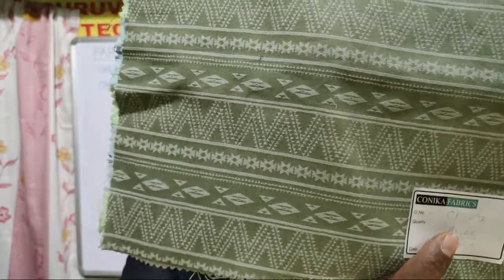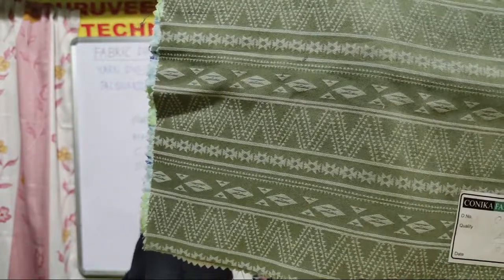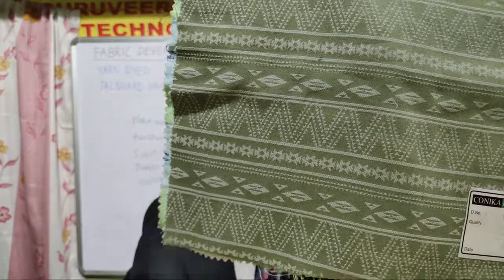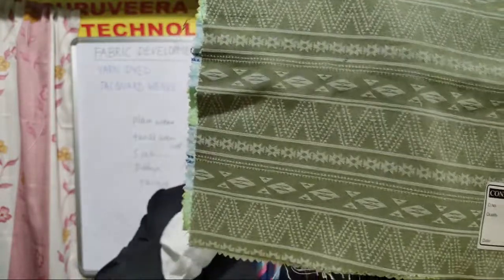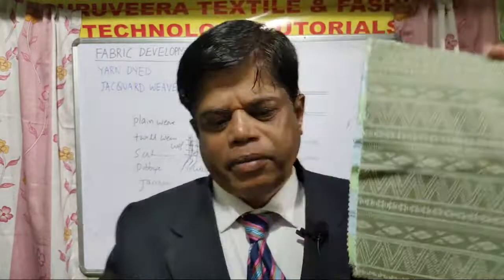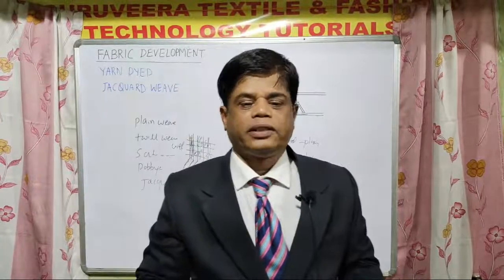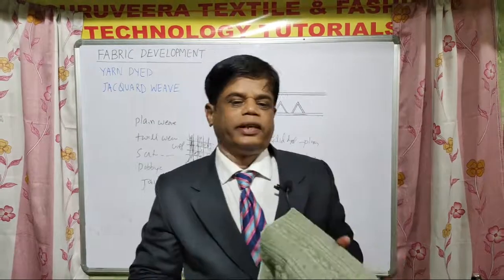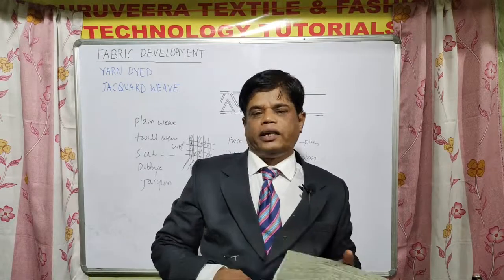Here one label is there. This label is of the company where I worked, a fabric manufacturer in Tamil Nadu. I'm not advertising. Please, friends, remember that I'm not making ads for this company or these fabrics.